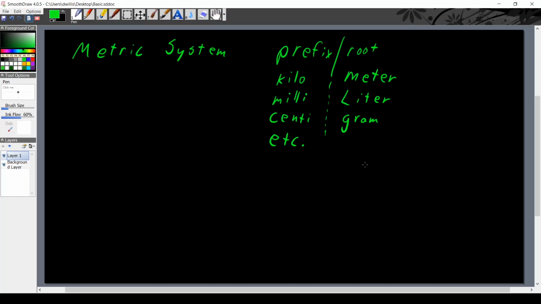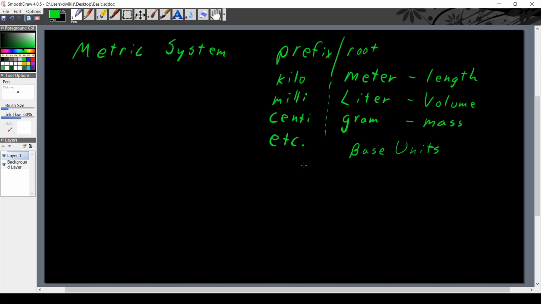The gram is the unit of mass, the liter is a unit of volume, and a meter is a unit of length. That's a quick introduction to those base units and what they are used to measure.